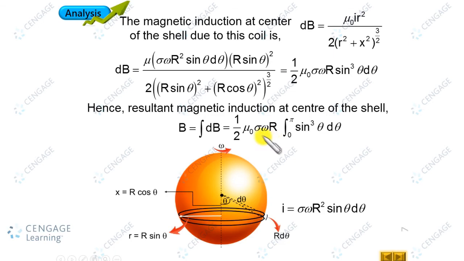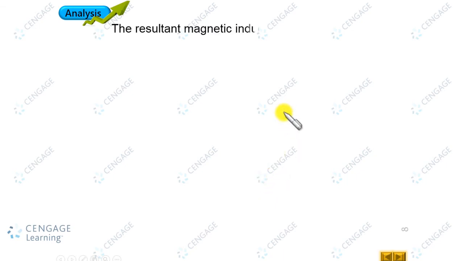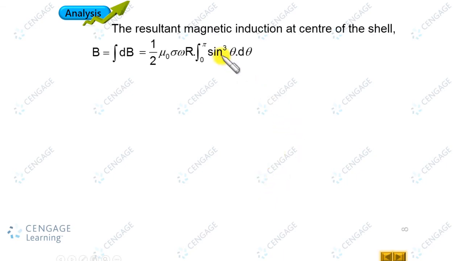Okay. Now we can observe this term is a constant term and the integral is 0 to pi sin cube theta d theta. That means we need to find the integration of this term. So let us write the final term on the next page. This was the relation. Okay.